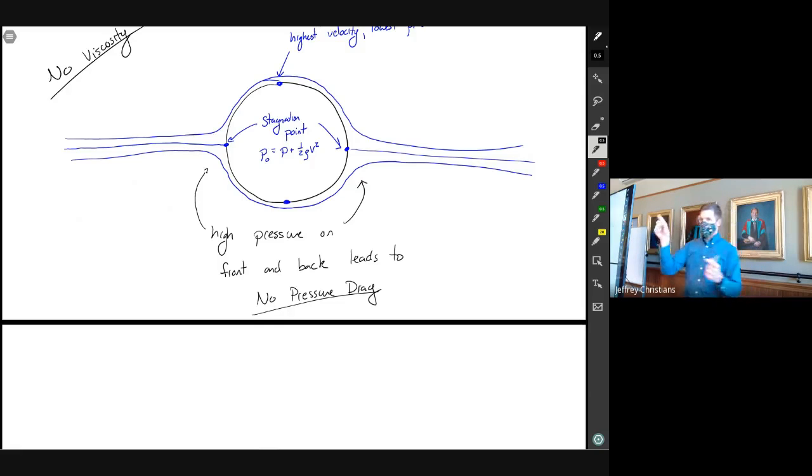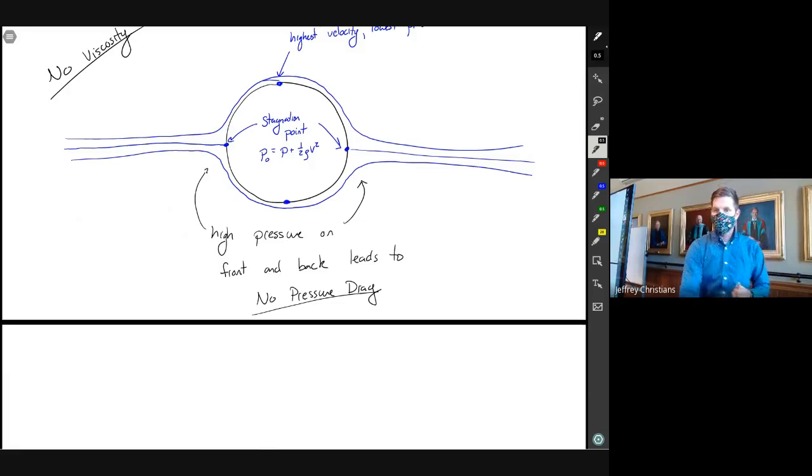If the fluid can follow around the whole object, we do get high pressure on the front side of the object, but we also have high pressure on the back side. So the only thing that matters then is skin friction. We don't have any pressure drag. There's no pressure difference between the front and back.